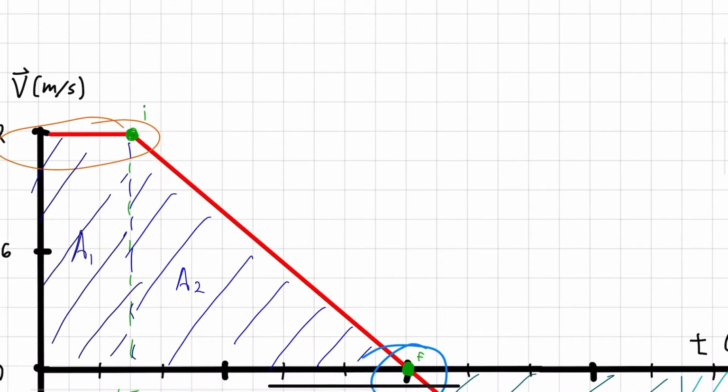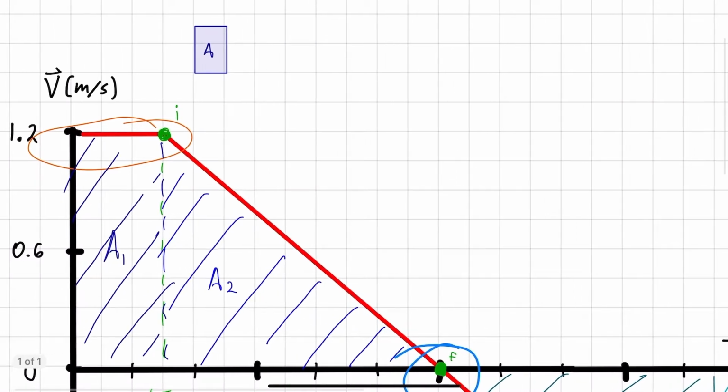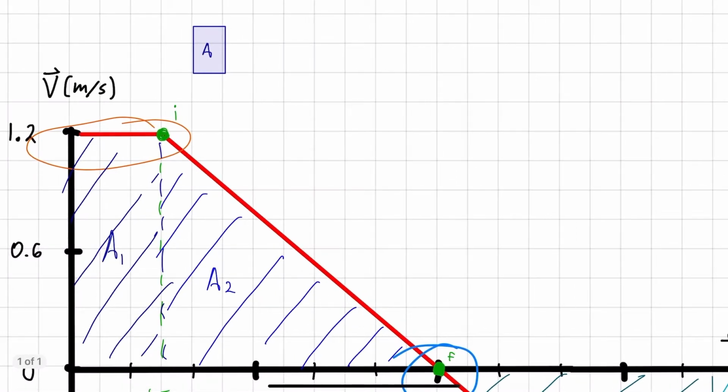So now let's calculate the area for all these sections. A1. And what we need to do is look at the side lengths and the dimensions of each of these areas.